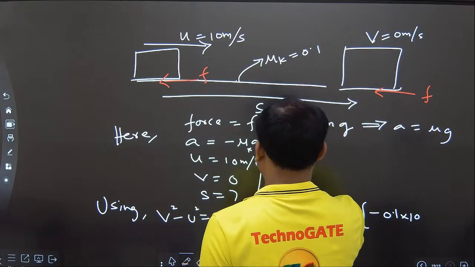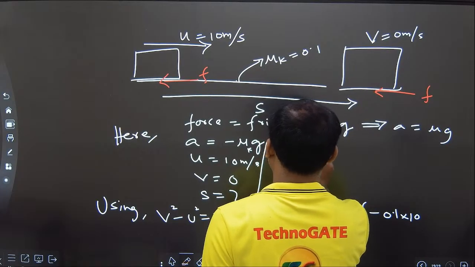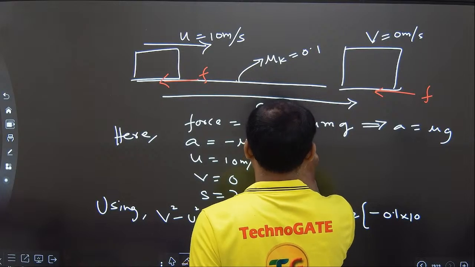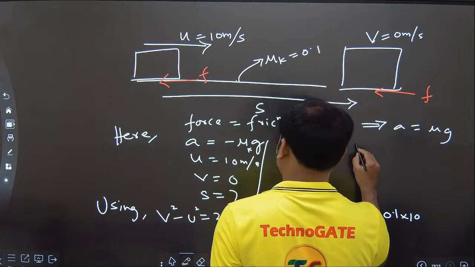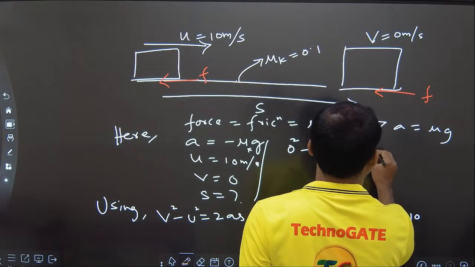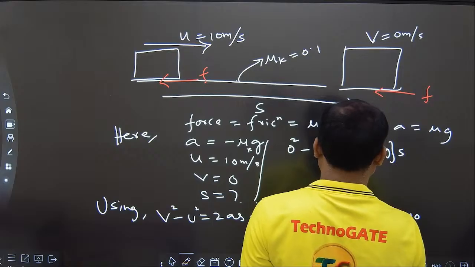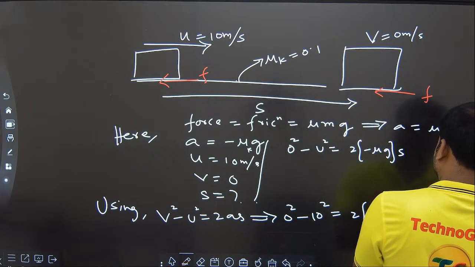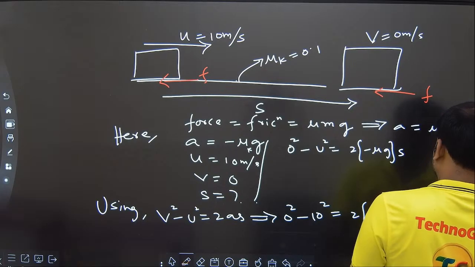So from this we get 0 square minus u square is equal to 2 into minus mu g into s. So 0 square minus 10 square is equal to minus 0.1 into g into s, the value which you need to get here.